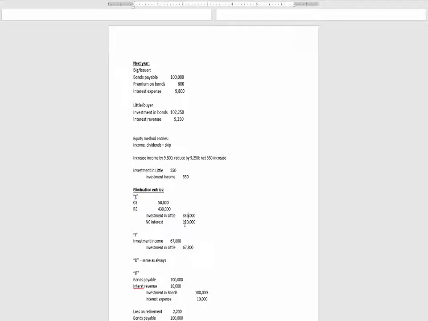The other $144,000 is going to go to the non-controlling interest. Their investment income. Again, the parent's investment income is going to be their share of the reported earnings, $70,000, plus or minus this adjustment. So $70,000 of investment income plus, with a credit, an additional $550. So we got $70,550.